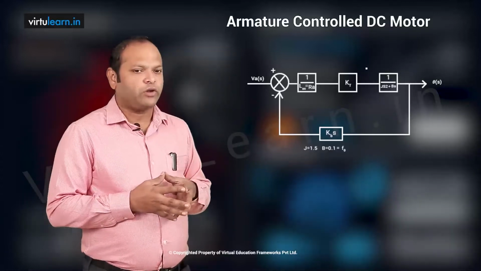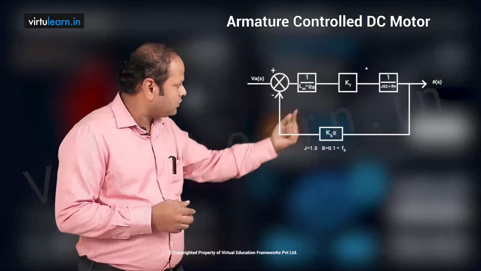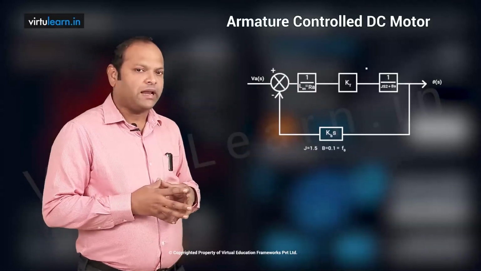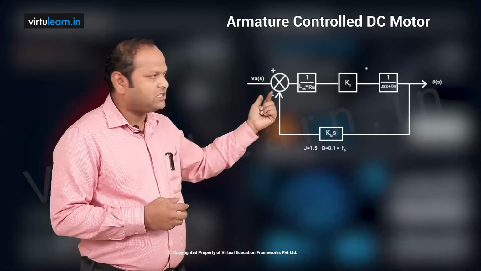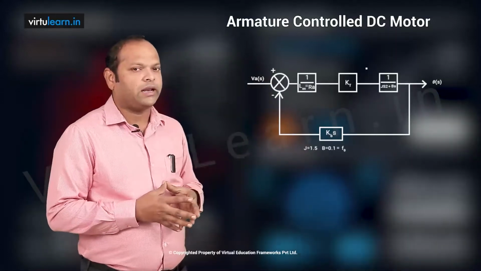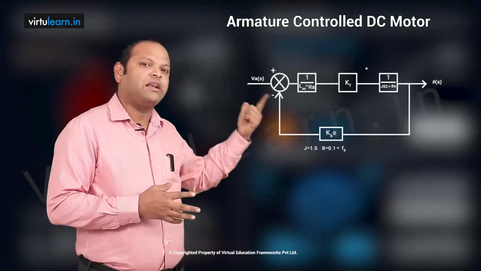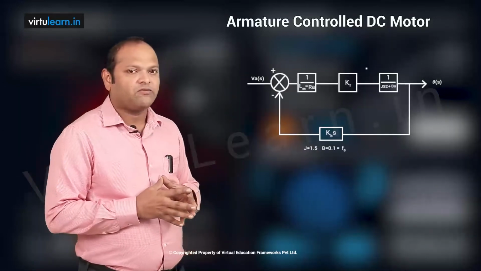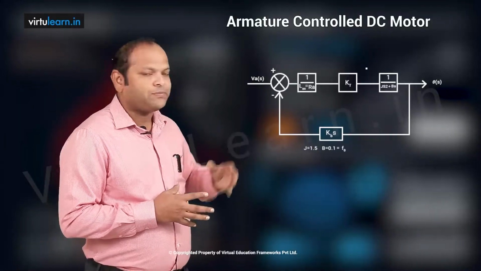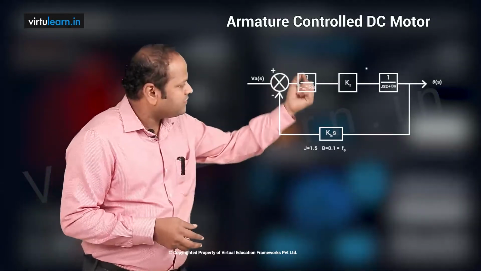Now what are the things that we have? We have a forward path and also a feedback path. What are the elements in the forward path? We have 1 by LAS plus RA, which is the term related to the electrical system, followed by KT, which gives the relation between electrical and mechanical, that is the torque constant. Then we have the mechanical system 1 by JS square plus BS, the model of the mechanical part of the DC motor, and there is a feedback.